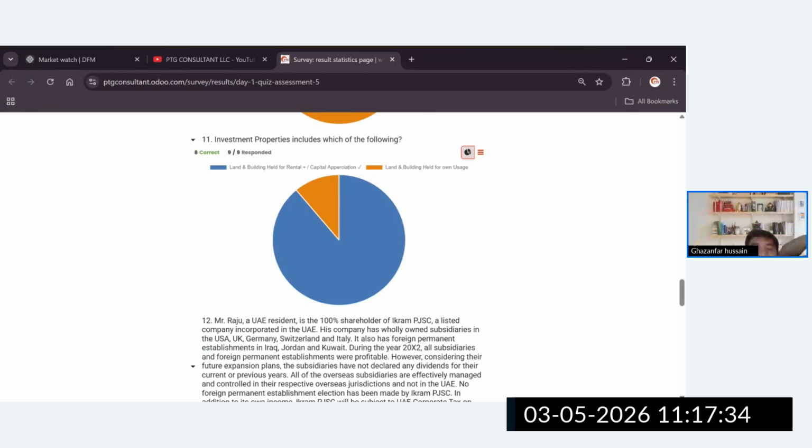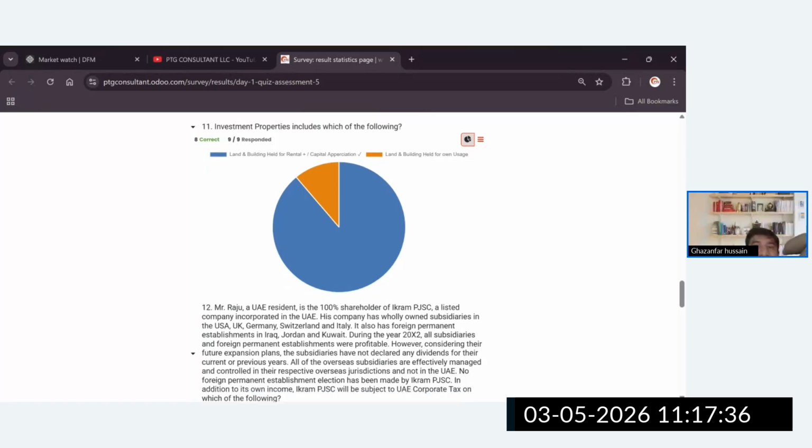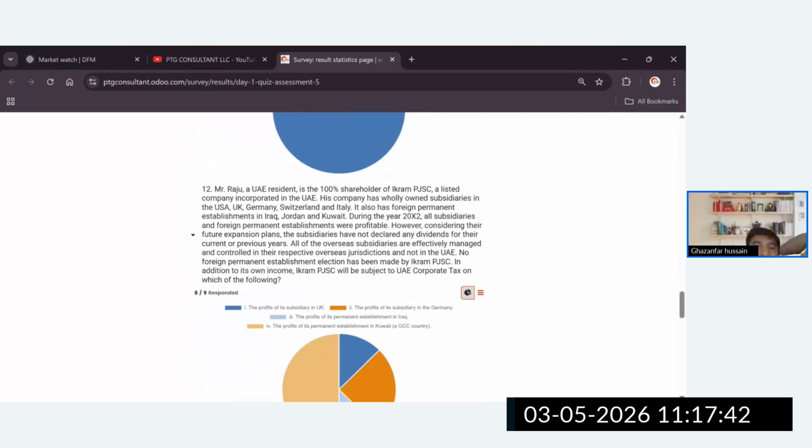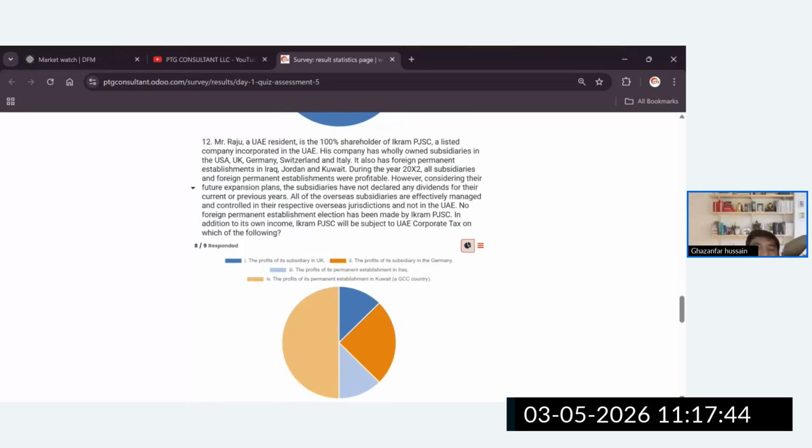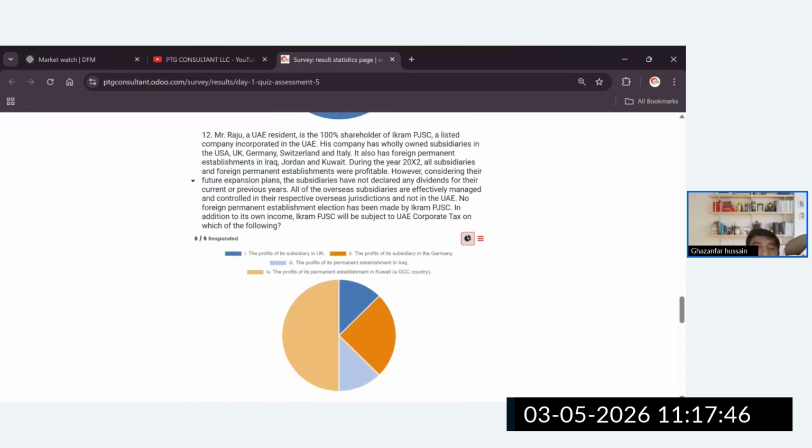Okay, so now the next we can see. This is one of the detailed, scenario-based questions that we try to cover. How many people gave the answer?